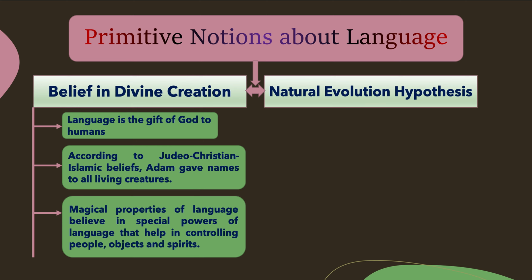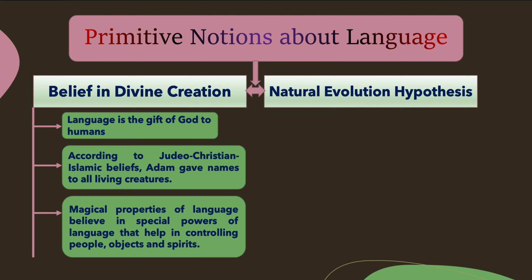Look, there are also people who believe that language has magical properties. It has special powers. If the language is not the creation of God, it will not have the special power of influencing others. Because language has the power to control people, objects, and spirits. How?